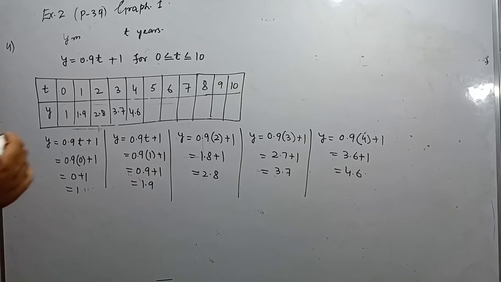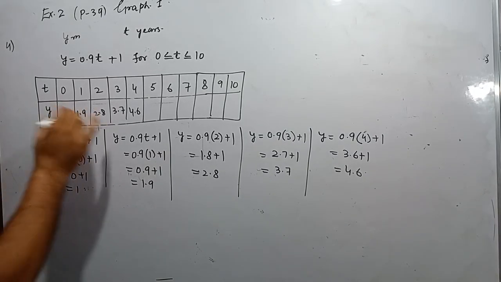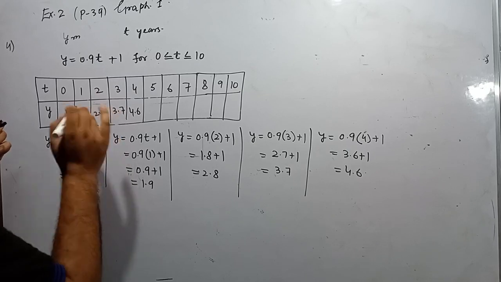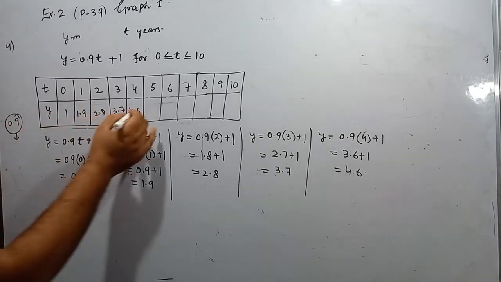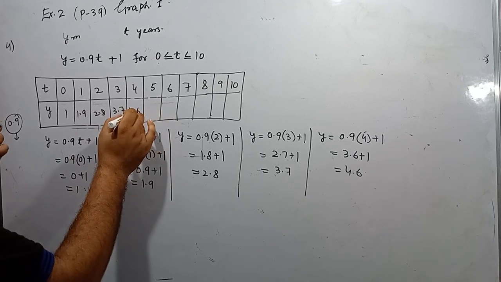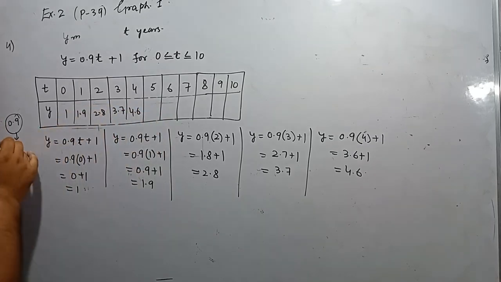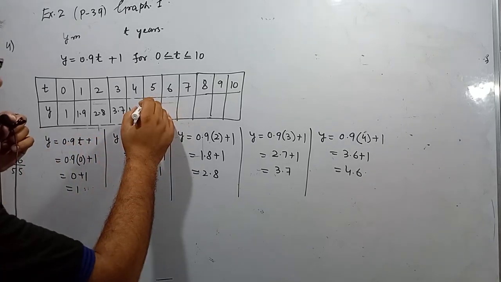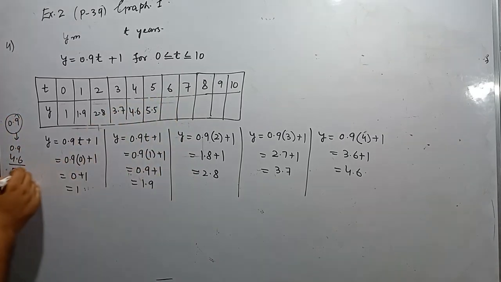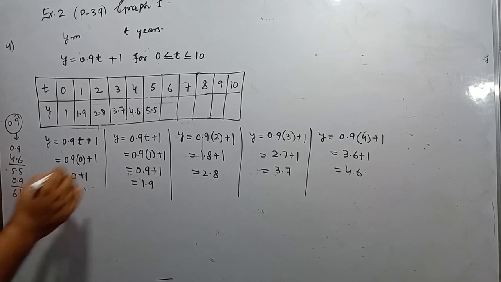Now you can see from here, for every value there is an increase of 0.9. So I can directly write 0.9 plus 4.6. What is 0.9 plus 4.6? That is 5.5. So I can write here 5.5. Now 5.5 plus 0.9, it is 6.4.